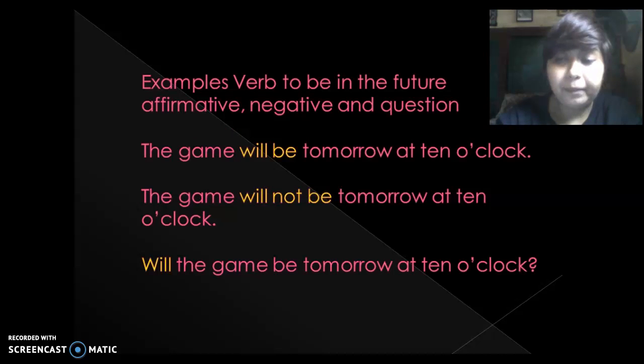For example, the verb to be in the future: affirmative, negative, and question. The game will be tomorrow at 10 o'clock. The game will not be tomorrow at 10 o'clock. Will the game be tomorrow at 10 o'clock?